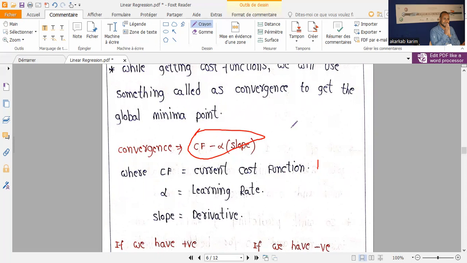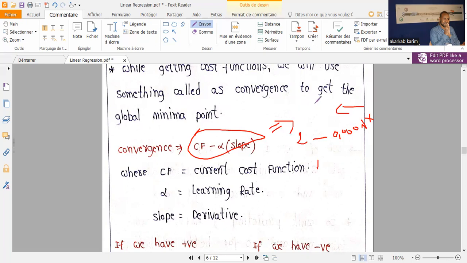Let's take an example here. We have, for example, a value of 2 in the cost function, and we have a learning rate, let's take an example value of 0.001, times the slope we have.